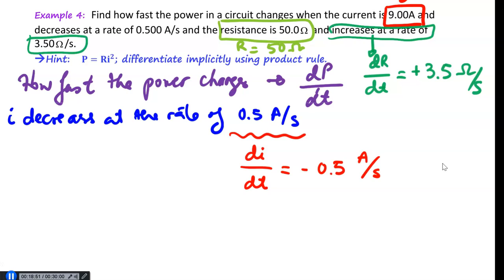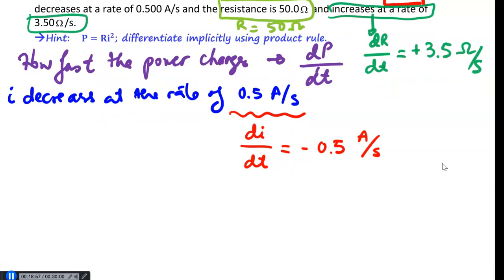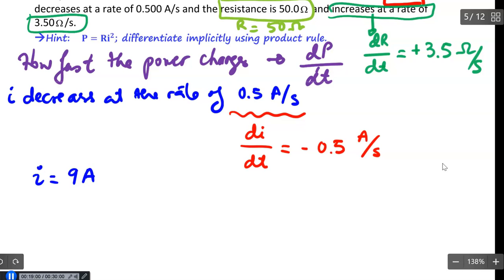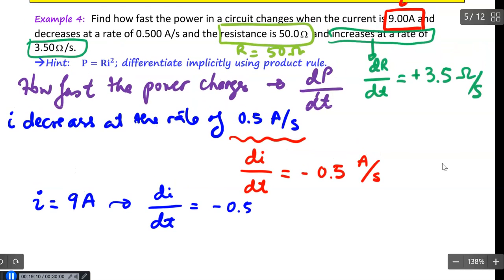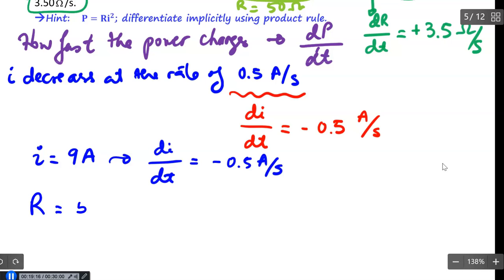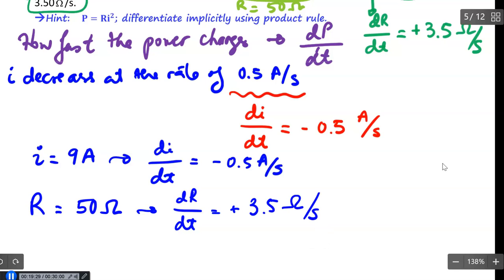Okay, I'm going to summarize this in a sentence for everyone. It says that I is equal to 9 amps, changing according to time, so dI over dt is negative 0.5 amperes per second, and then I have R equal to 50 ohms, and this is also changing according to time, so dR over dt is equal to plus 3.5 ohms per second.